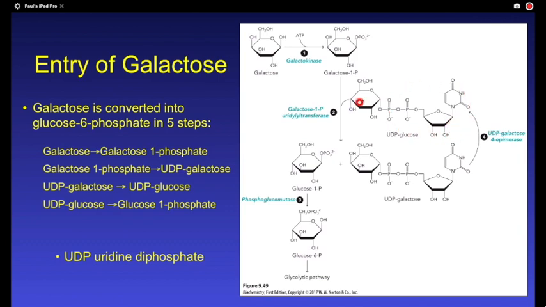So a glucose on a diphosphate, a UDP. Oh, sorry, that's not adenine, that's U, not A. It works and has the same kind of energy values. The galactose 1-phosphate will react with this substrate, and what will fall off is glucose 1-phosphate. What will be formed is galactose now here on the UDP.